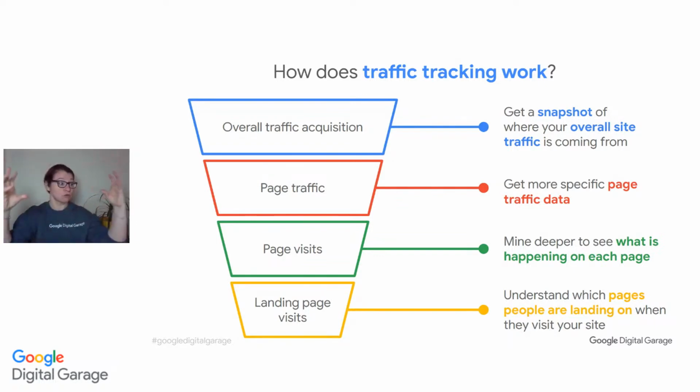You'll see the overall traffic acquisition snapshot. Then as we go down, we'll be able to look at specific pages, what's happening on each page with the page traffic. Come down again, the page traffic can be refined into page visits, so we can see deeper what's happening on each page.